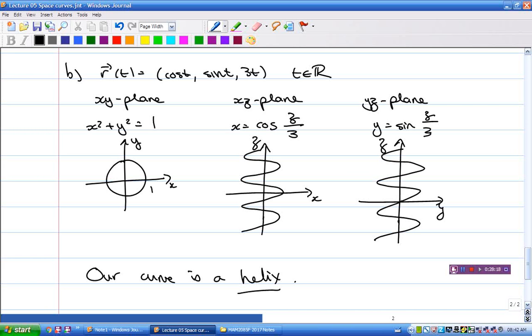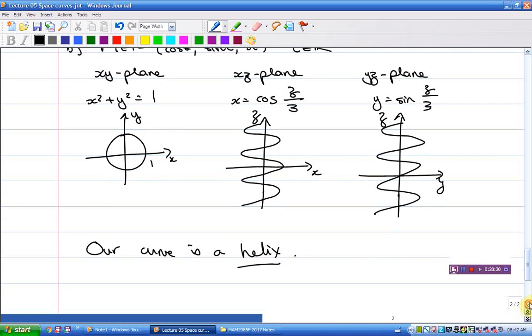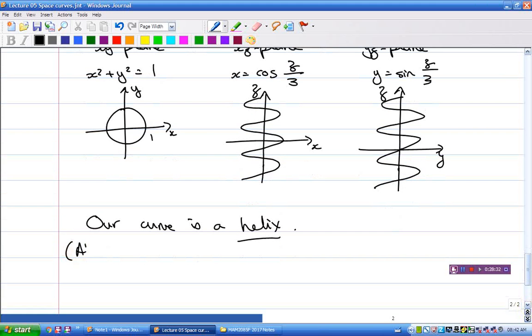But I did that all in terms of projections. Remember I said you could think of it as the intersection between three surfaces. Alternately, the curve is the intersection of a circular cylinder.